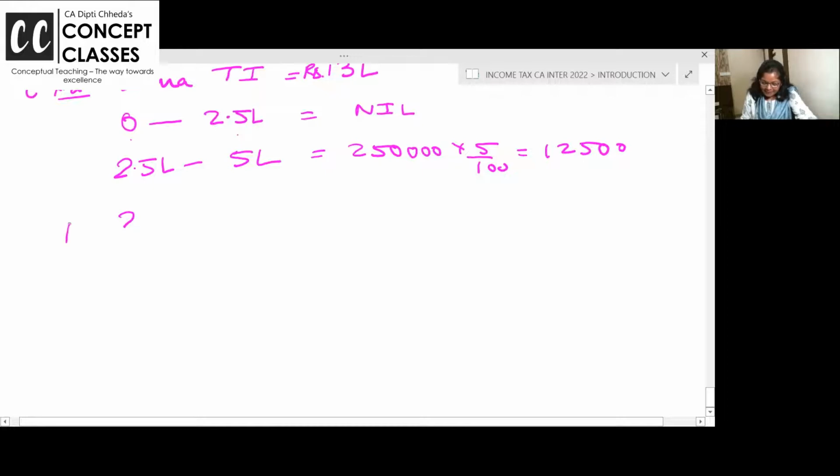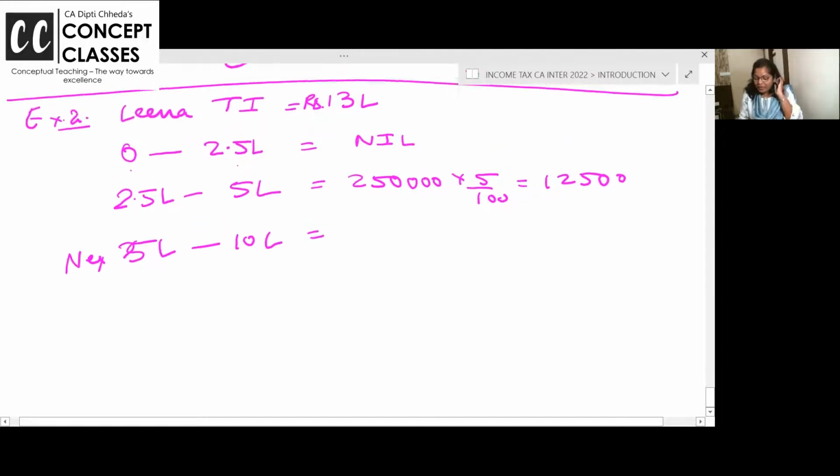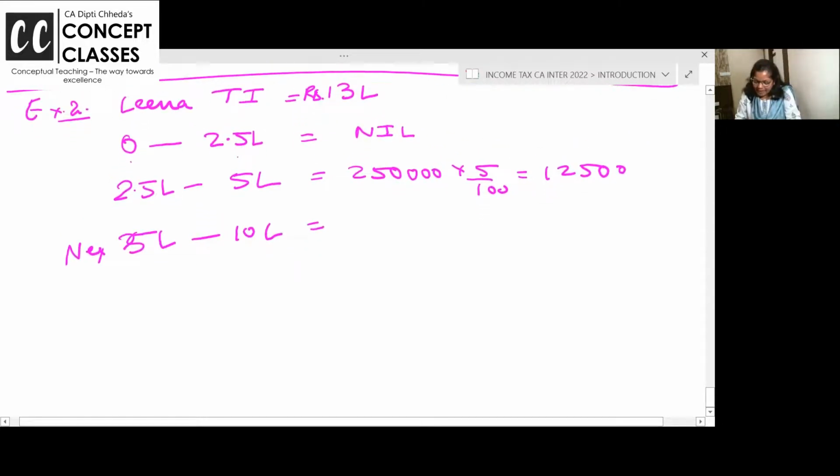Up next, 5 lakh to 10 lakh. 5 lakh to 10 lakh भी cover हो गया, because Leena's income is 13 lakhs. So on the next 5 lakh, 20%. 1 lakh.